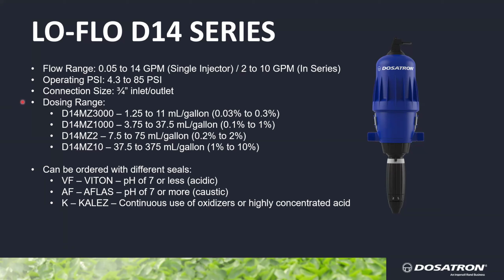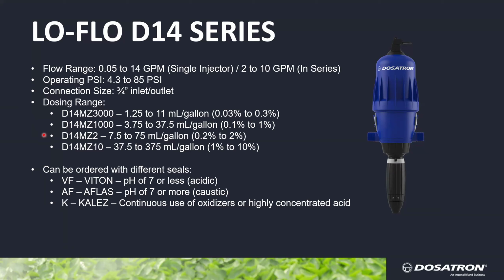Now, in this series, we do have multiple dosing ranges. And so we can see that from our D14 MZ3000, we can achieve 1.25 to 11 mil per gallon, or 0.03 to 0.3%. We can move up to a 1000 to achieve a 3.75 to 37.5 mil per gallon injection, or 0.1 to 1%.